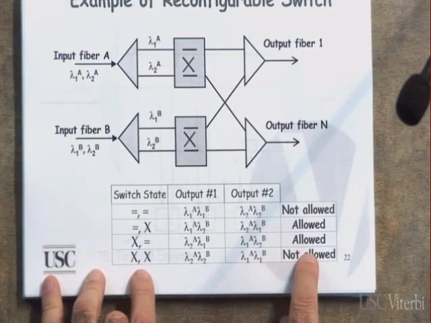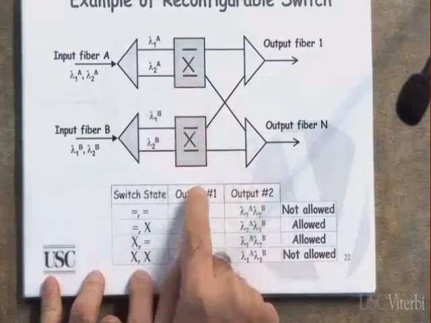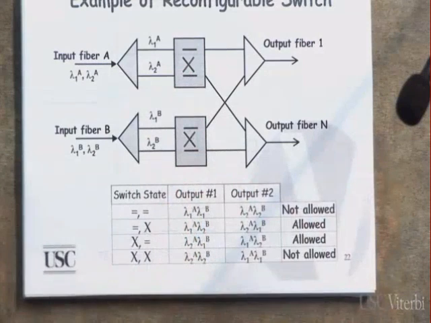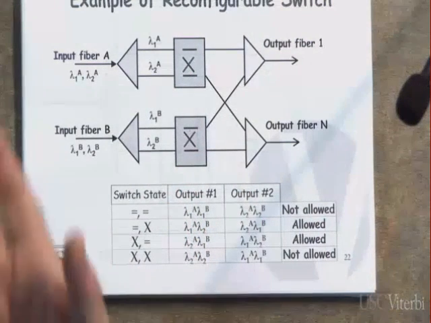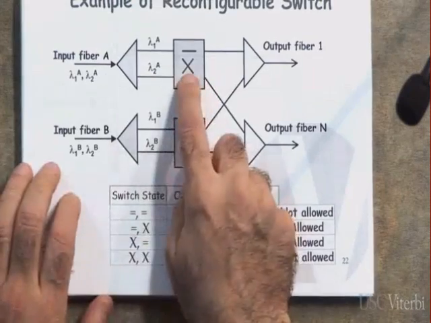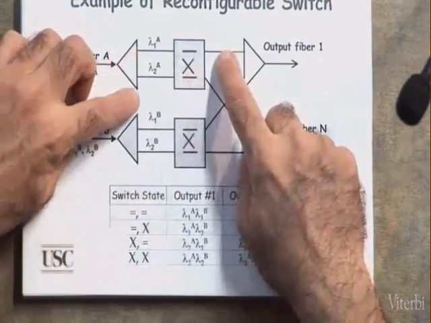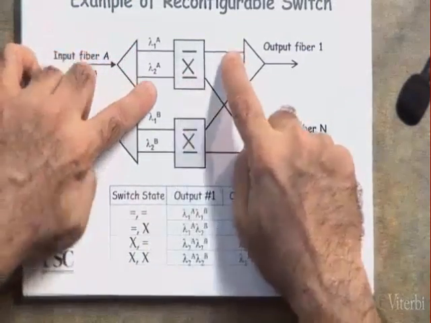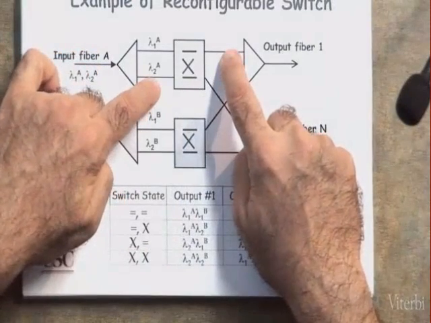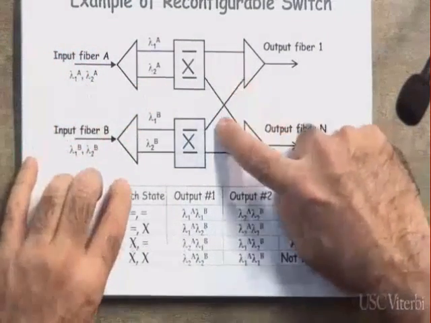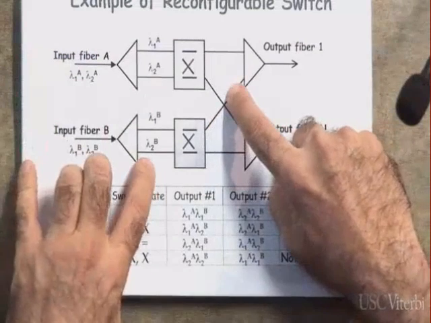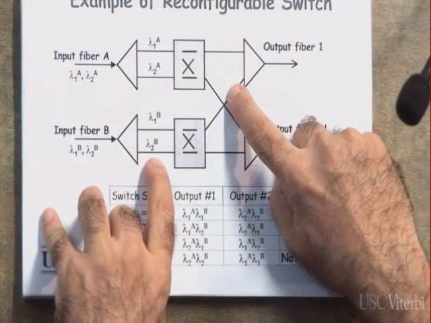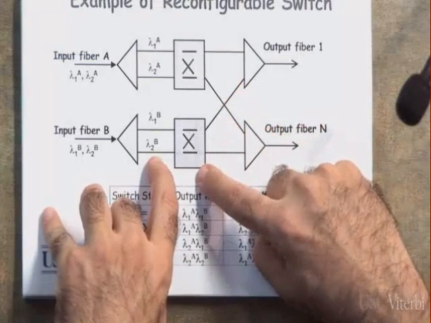Why is this one not allowed? This one is cross and this one is cross. For the same reason. If this is cross, what do I have here? Lambda 2A, and here I have lambda 2B, because this one is in a cross.